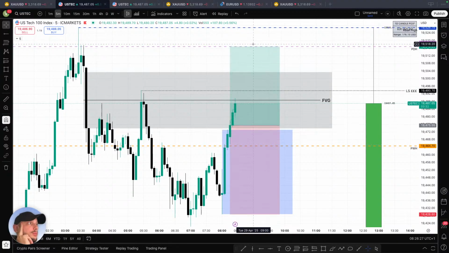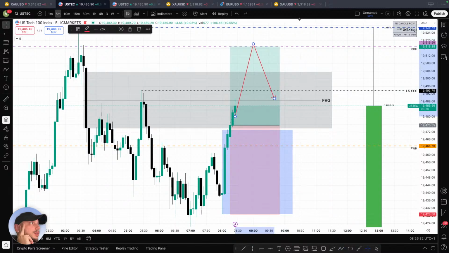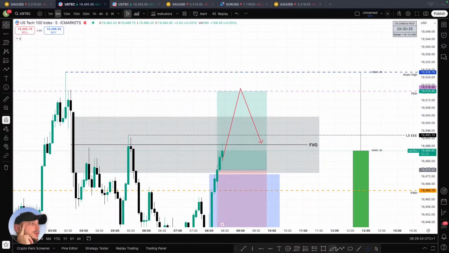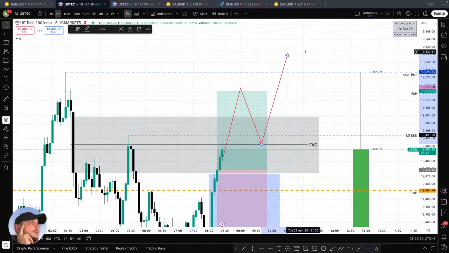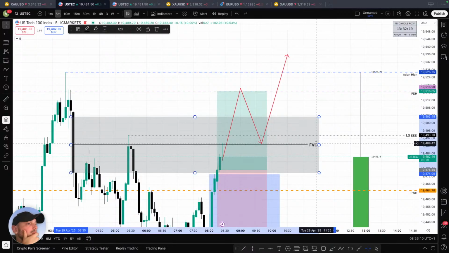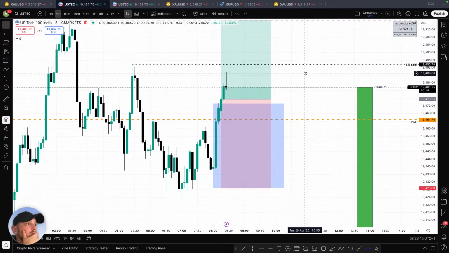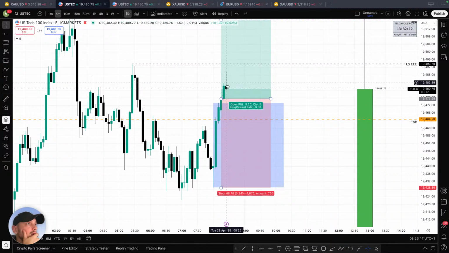We want to see how it's going to break above and do something like this. This is what we want to see. This rejection candle, it's not good.